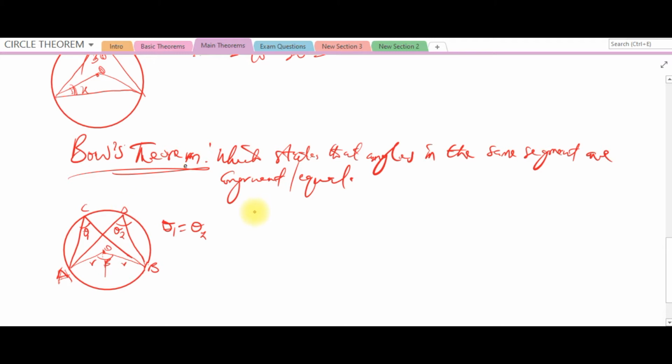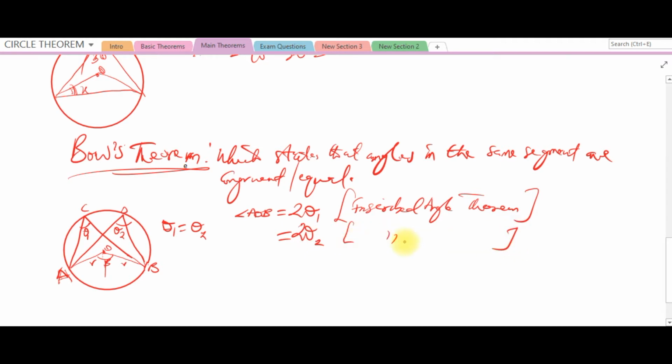Let me go A, B, C, D. So you notice that angle AOB is equal to 2 theta 1 by the inscribed angle theorem. Also, that same angle AOB is also 2 theta 2, for the same reason.